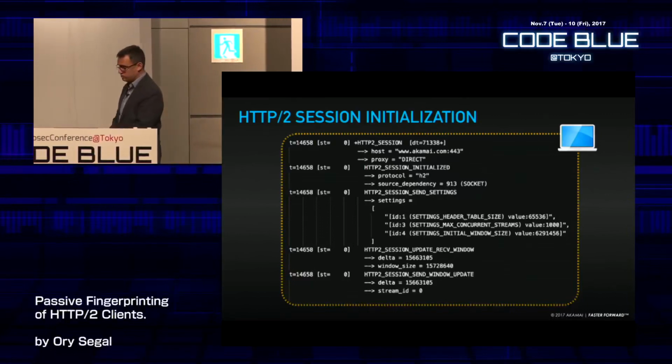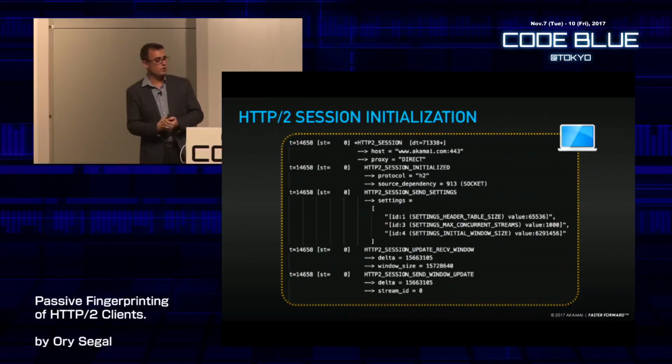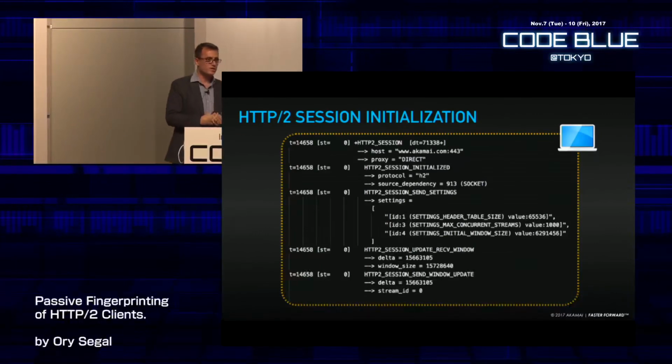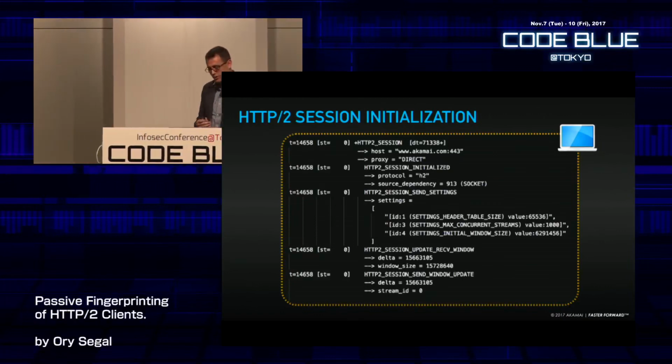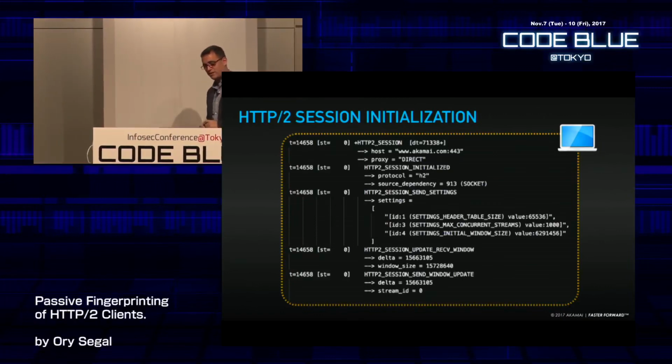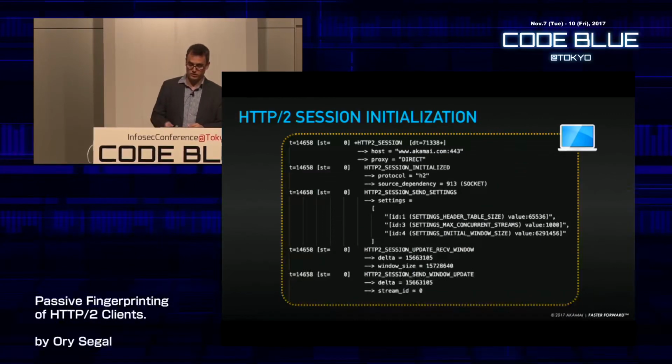And so the clients usually declare that they want to talk HTTP 2 using the server name indication, the protocol negotiation extension. I apologize for that. So that's one of the ways for a client to actually say to the server that they want to talk HTTP 2 when they start a TLS connection.